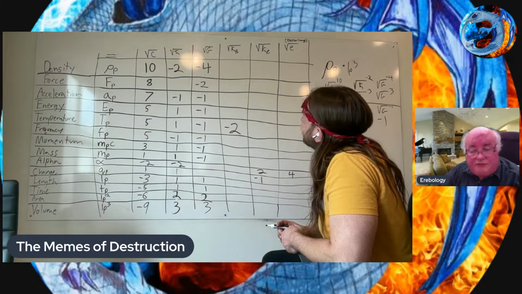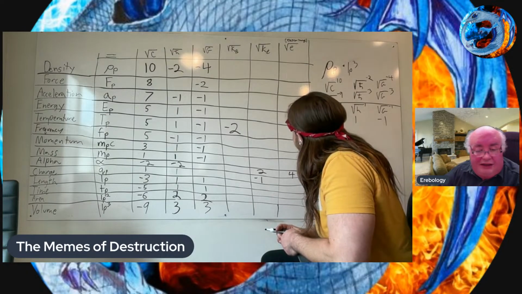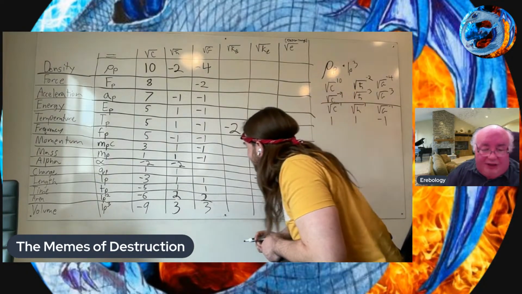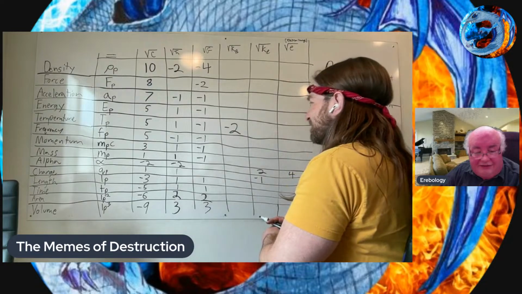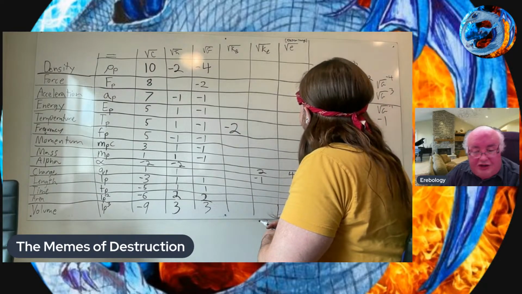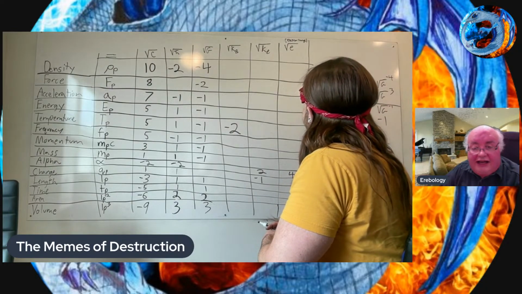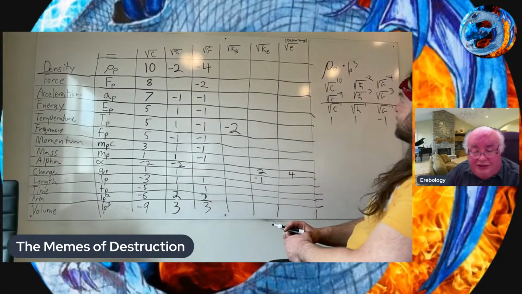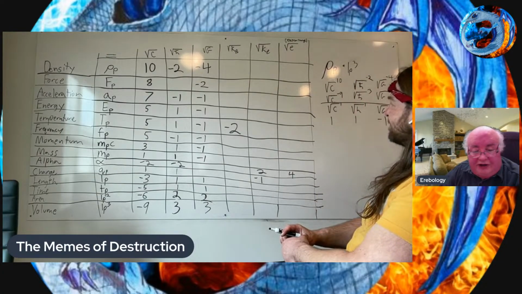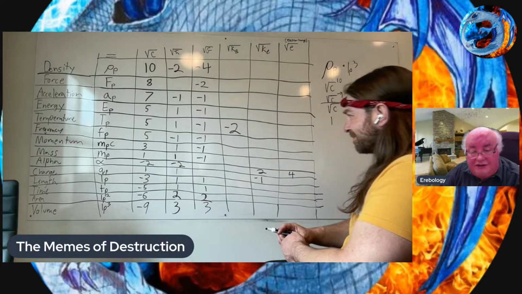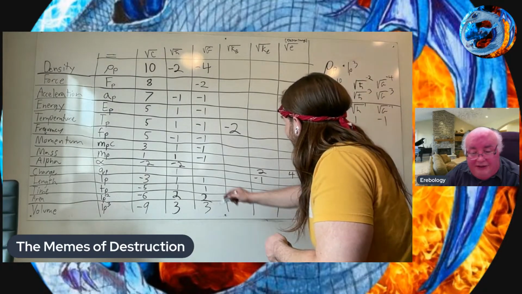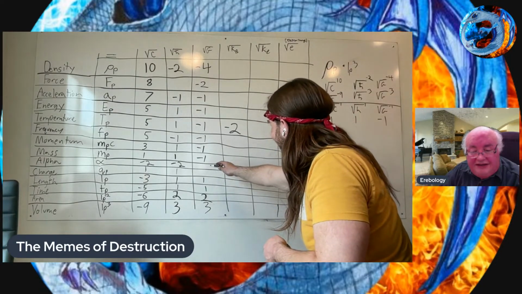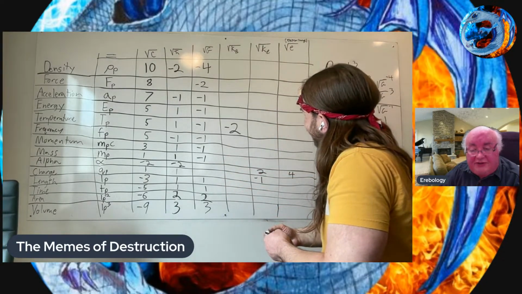So I'd like to point something out about alpha and charge. I want you to look at root G for alpha and charge. Just kind of point at them. Okay. There's nothing there. Yeah, there's zeros.